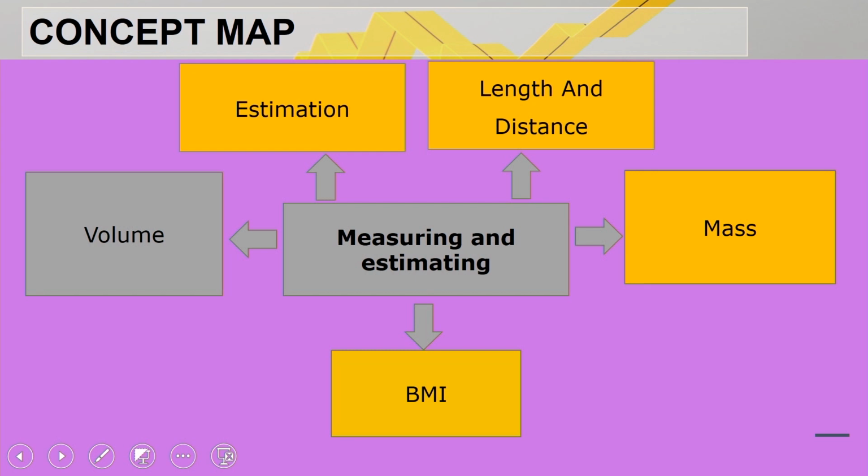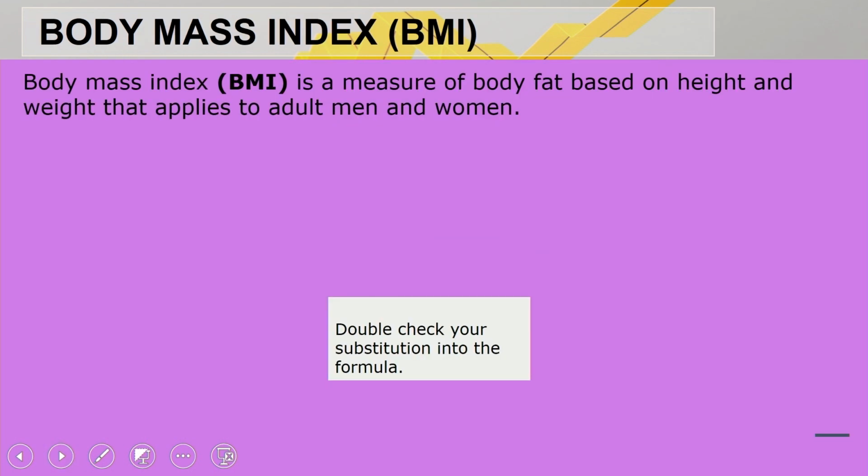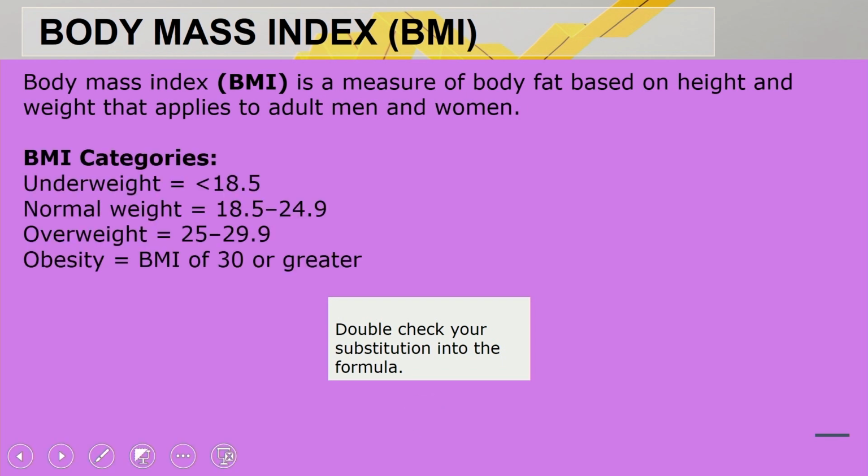Next up, let's look at BMI. Body mass index, or your BMI, is a measure of body fat based on height and weight that applies to adults, women and men. And then it's put into the following categories.